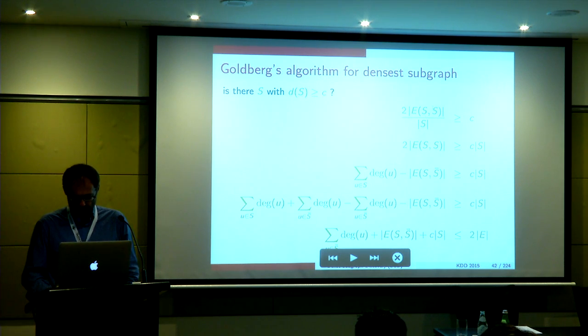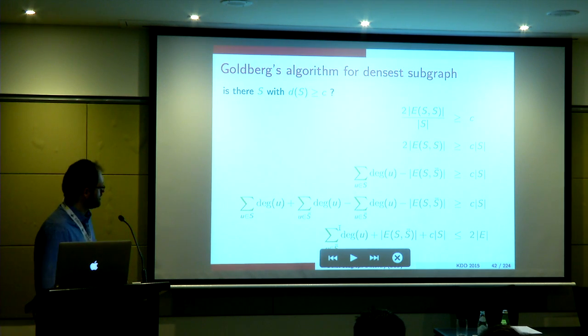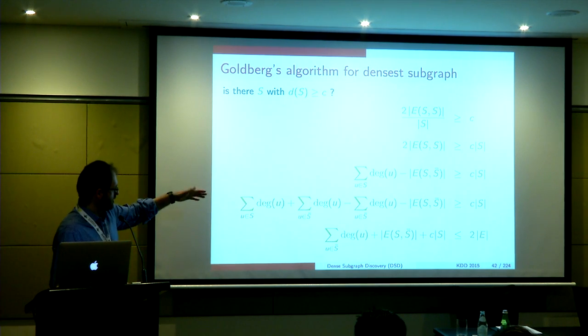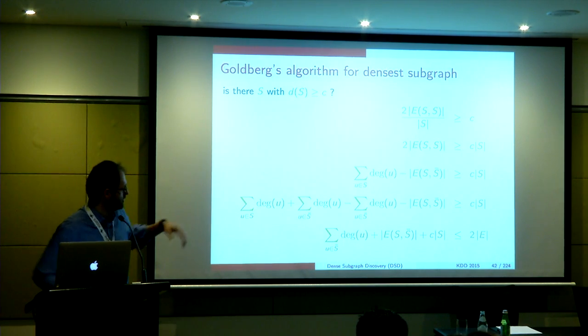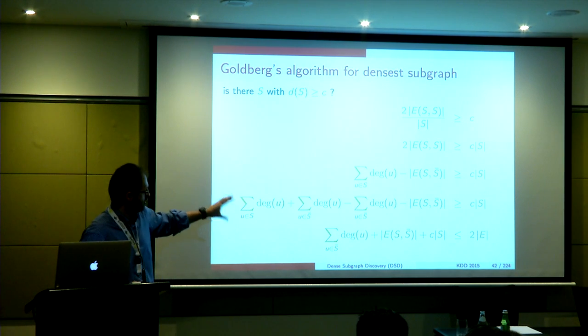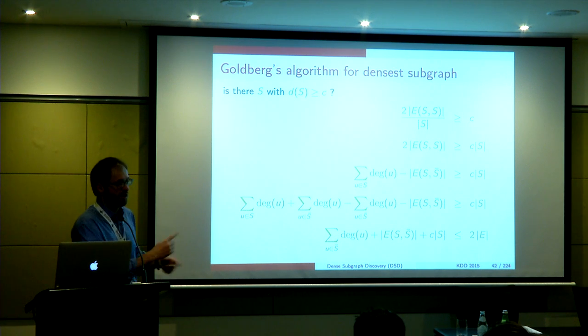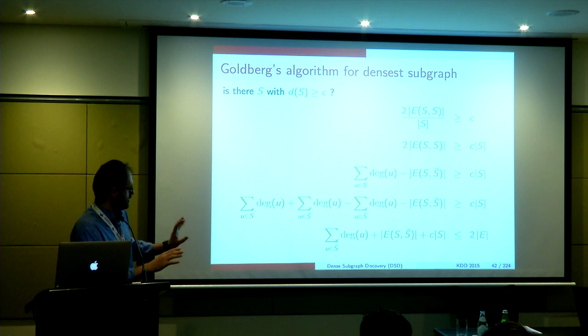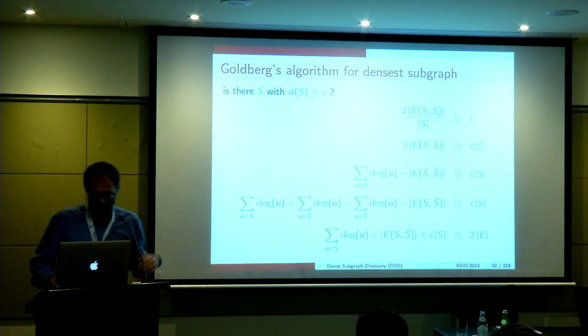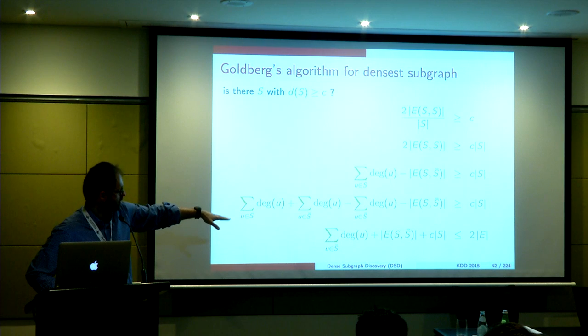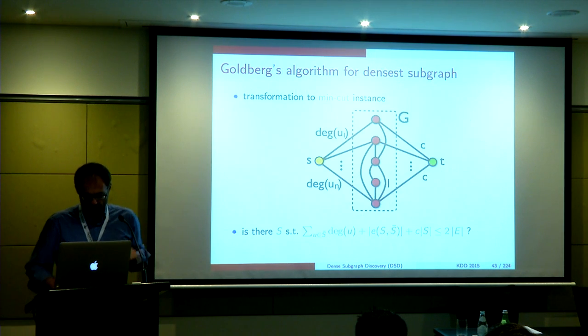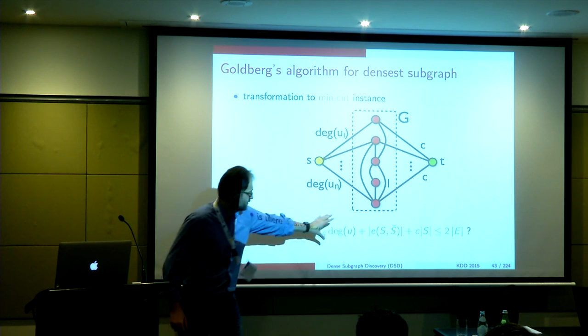Then the question, do I have a subgraph with degree density greater than C, translates to this question: is this quantity satisfied? Can I find some set S such that this quantity is satisfied? Let's not parse it yet, but this is again some quantity that depends on S, its complement, the degrees, the edges that go between S and its complement, and so on. So these questions are equivalent. If I can solve the second, the one at the bottom, I can also solve the one at the top. So this is the equivalent expression.